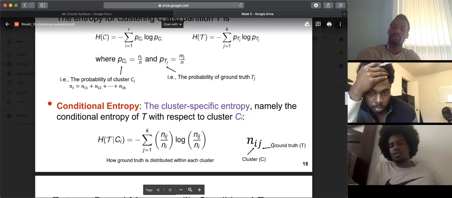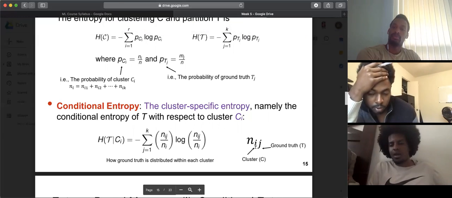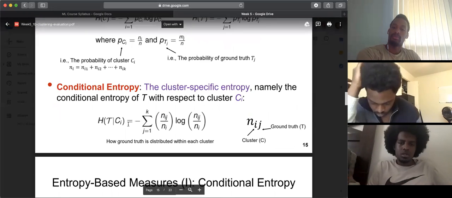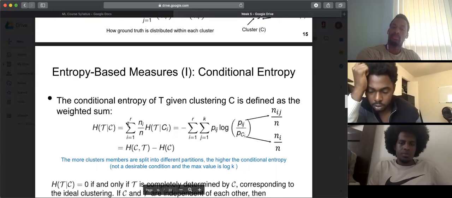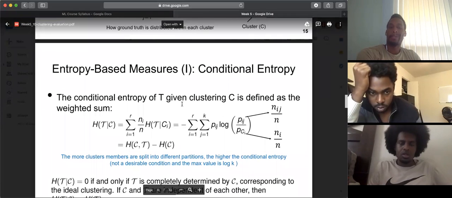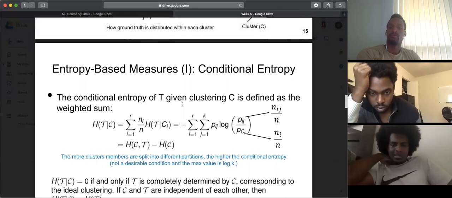Oh, okay. And here they actually did label N of I as the cluster C, J as the ground truth T. So, entropy-based measures. Here's something a little bit different.